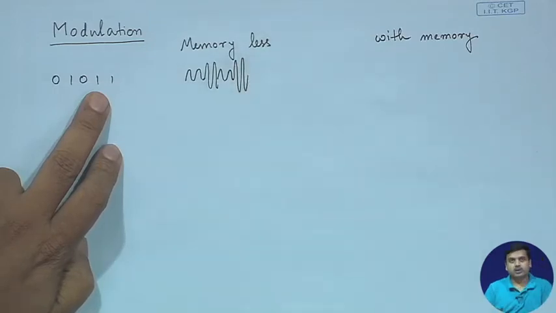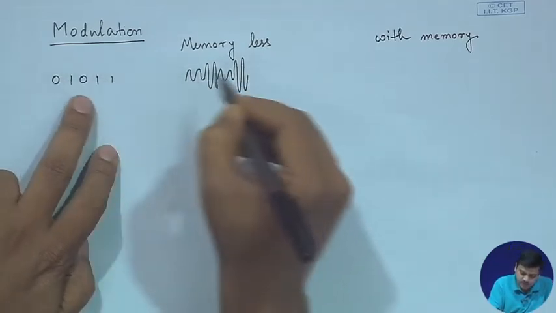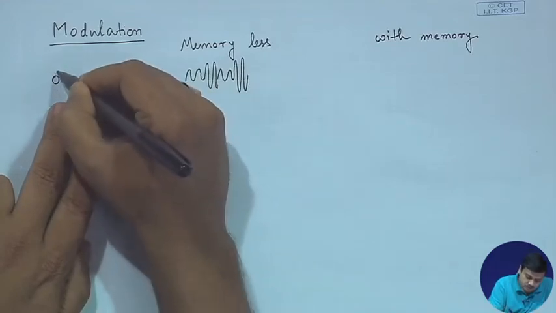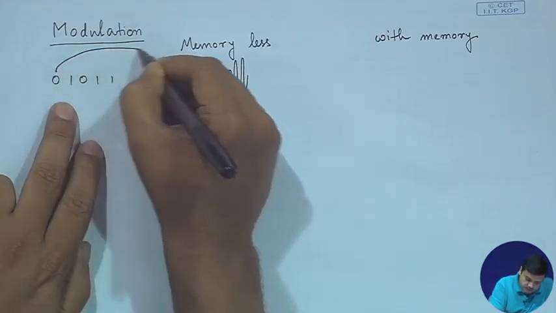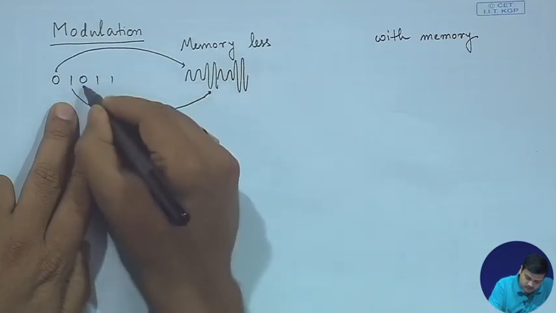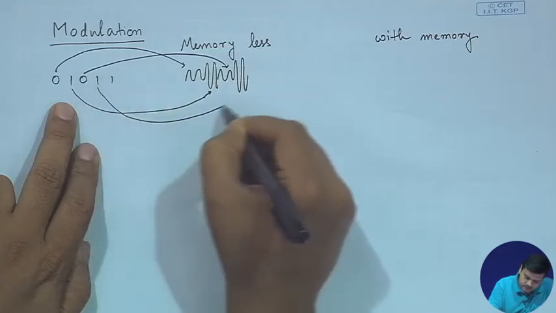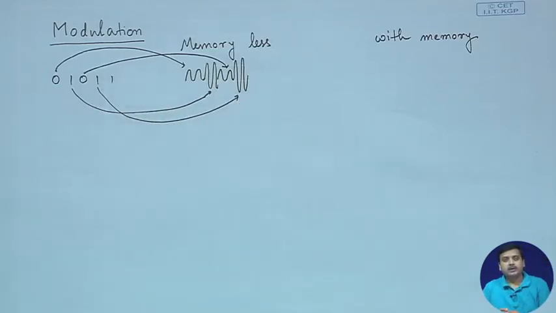right, this one. And what we mean is that when it maps these symbols to these waveforms, it only looks at the current symbol and maps to the waveform. It does not look at anything more. It does not look at what was the past modulation and what could be potentially the future symbol that would be sent.